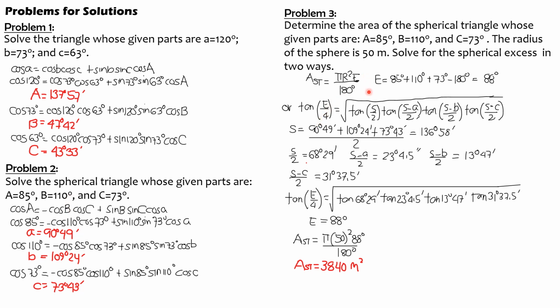But if we are obliged to solve for the spherical excess in two ways, we must apply this. And if there's no prepared solution for these sides here, then we are obliged also to solve for these sides using this same law of cosines for the angles.